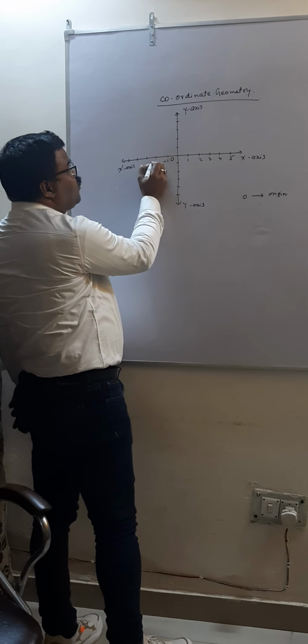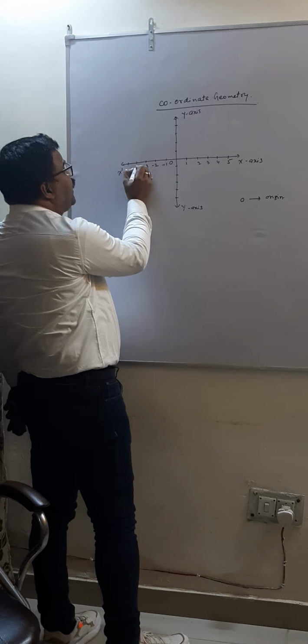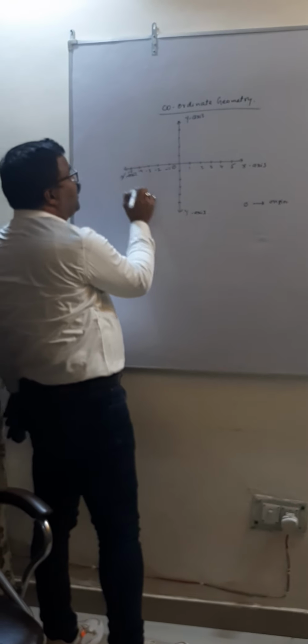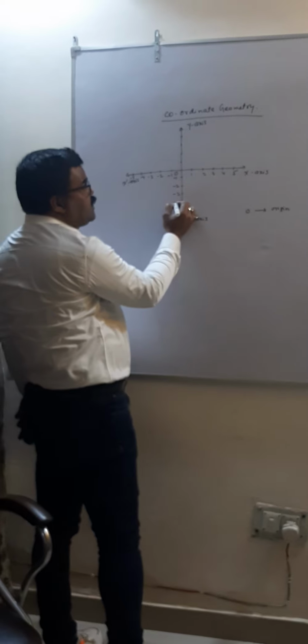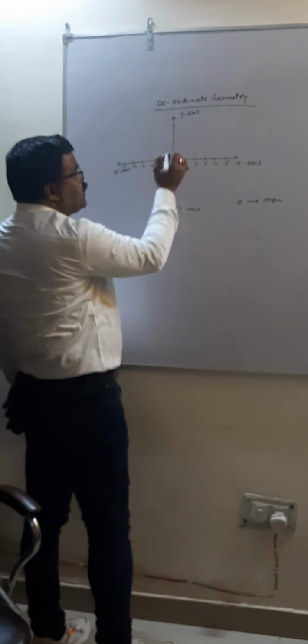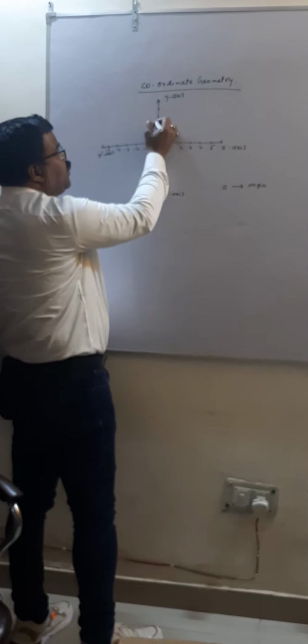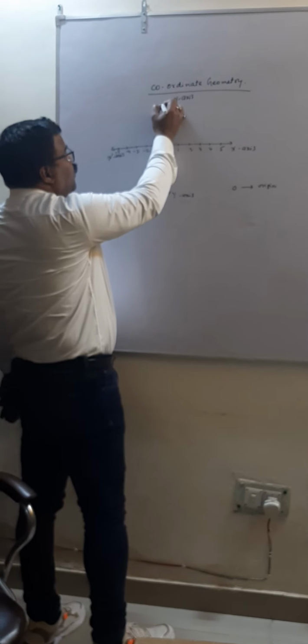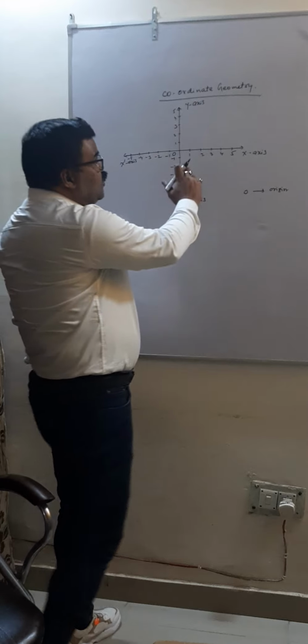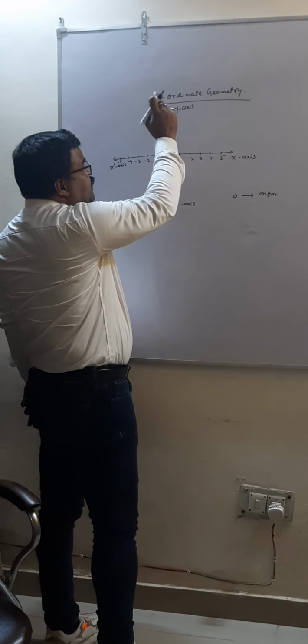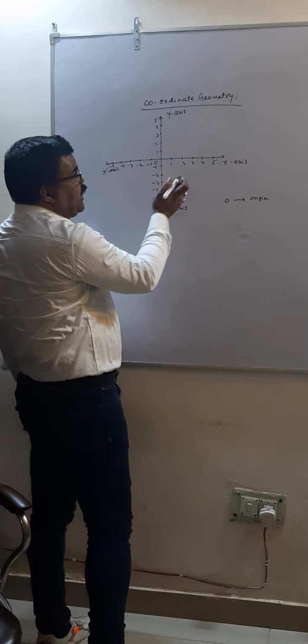Here it is -1, -2, -3, -4, -5. Again we see -1, -2, -3, -4, -5 here, and 1, 2, 3, 4, 5 here. So this one is positive, this is positive, this is negative, this one is negative.